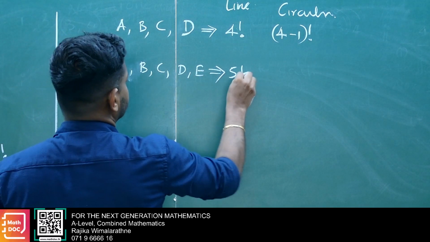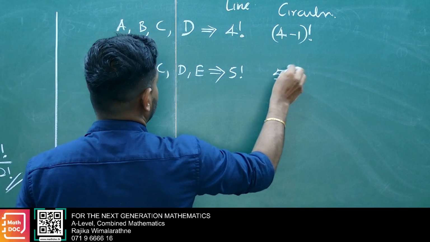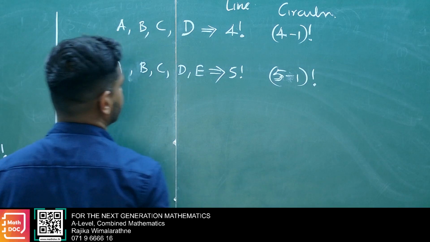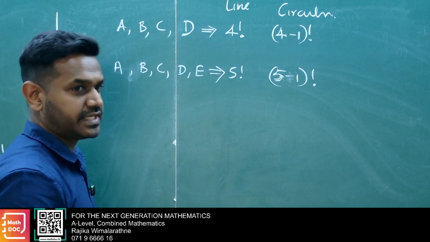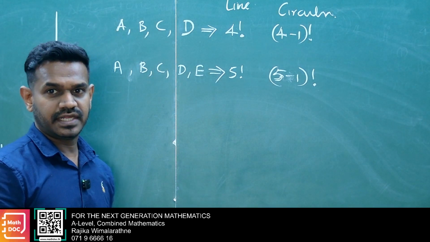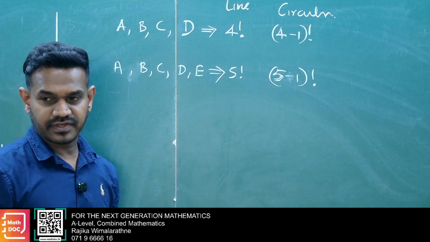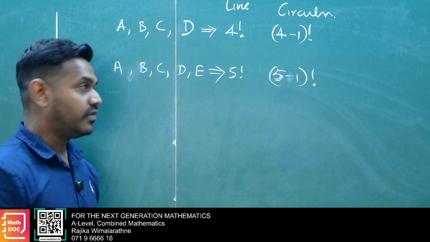Here 5 letters: 5 factorial line arrangements, 5 minus 1 factorial circular arrangements. For distinct objects, total 5 factorial ways and 5 minus 1 factorial. For all cases the same.